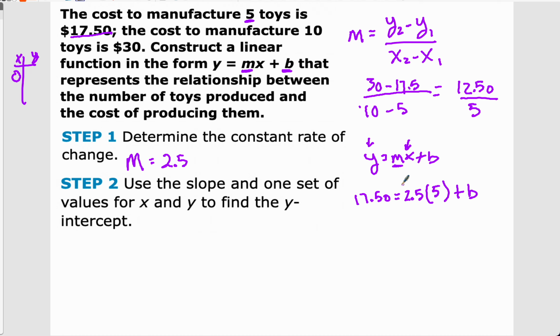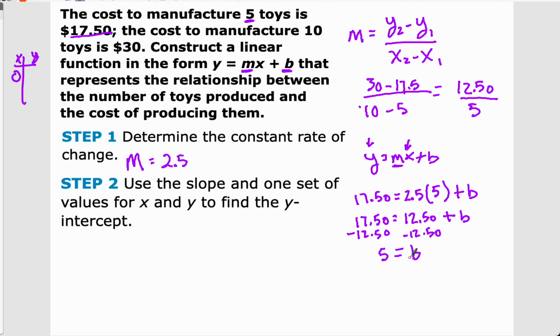Now I'm solving this equation for b. So 1750 equals 2.5 times 5, which is 1250, plus b. Now I just need to subtract 1250. And 1750 minus 1250 is 5. So my y-intercept is 5.